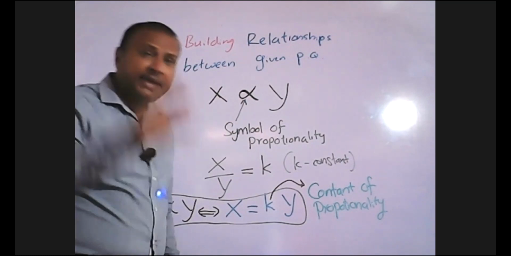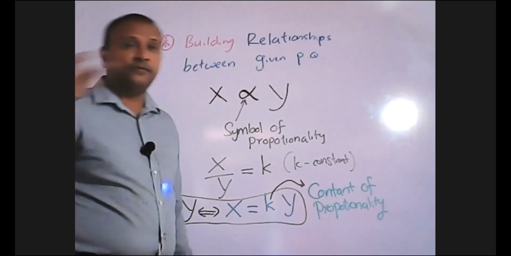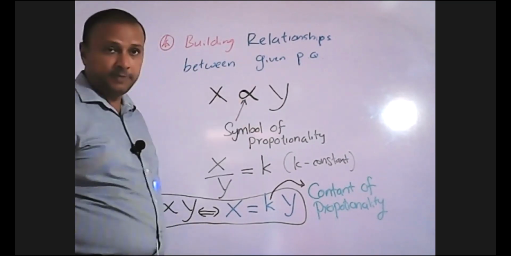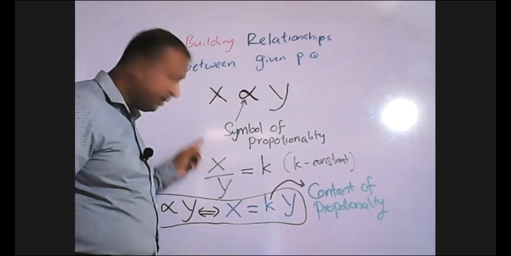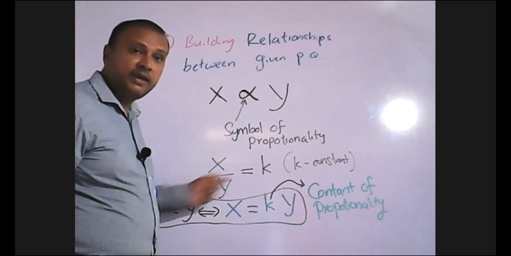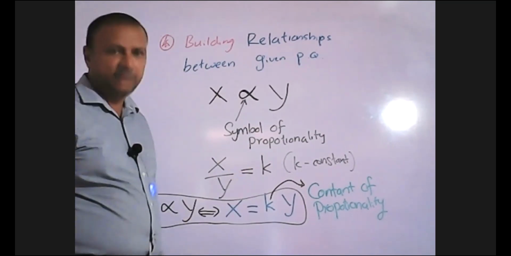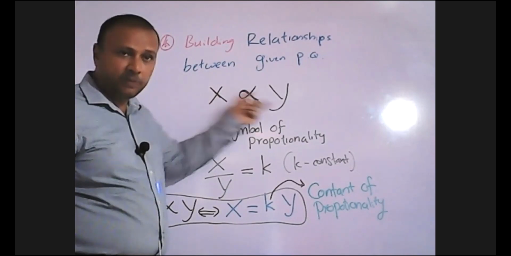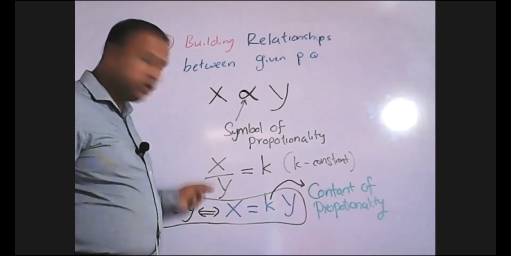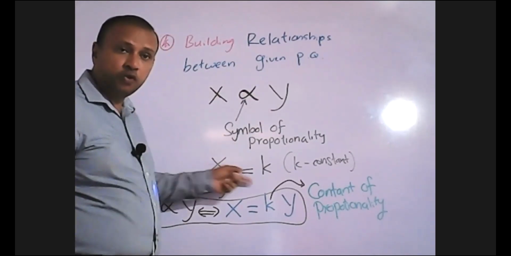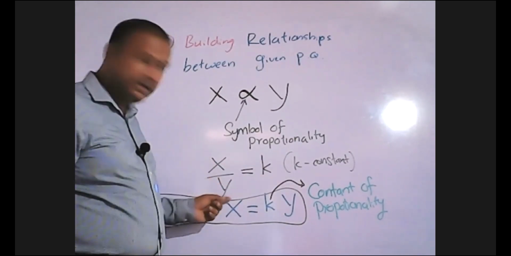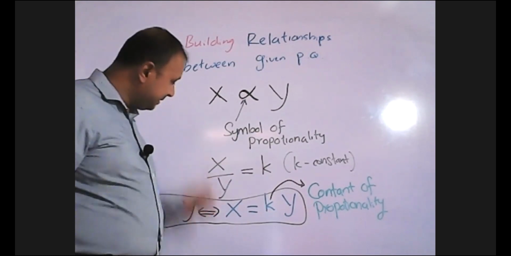So I use the definition of direct proportionality to replace this symbol. What is the definition? X over y is a constant. If x is directly proportional to y, the ratio between these two physical quantities should be a constant. That means I can make x the subject: x is equal to ky.